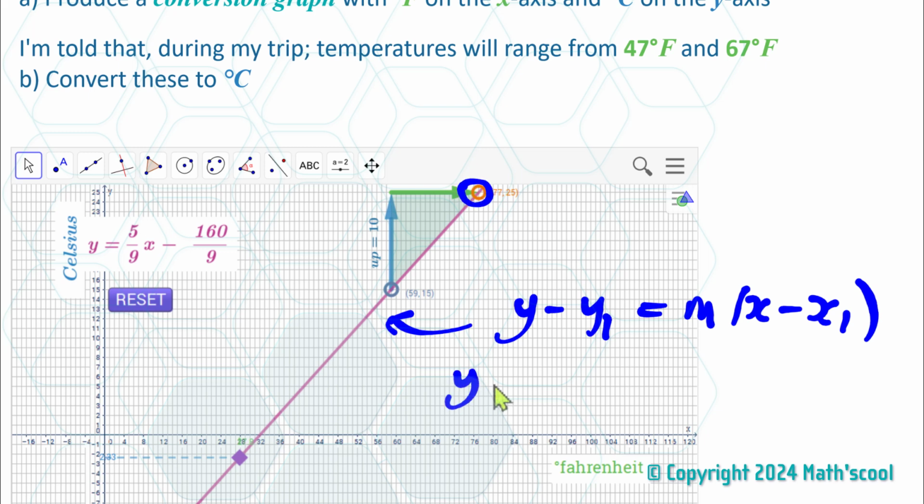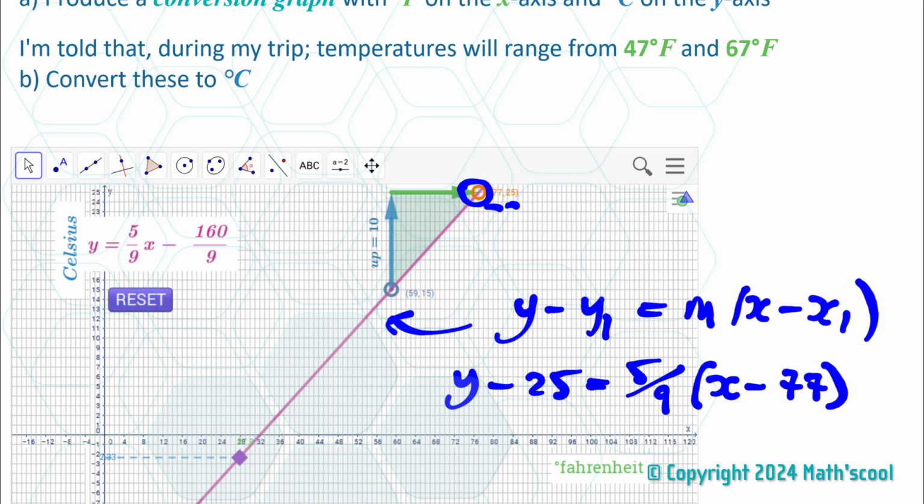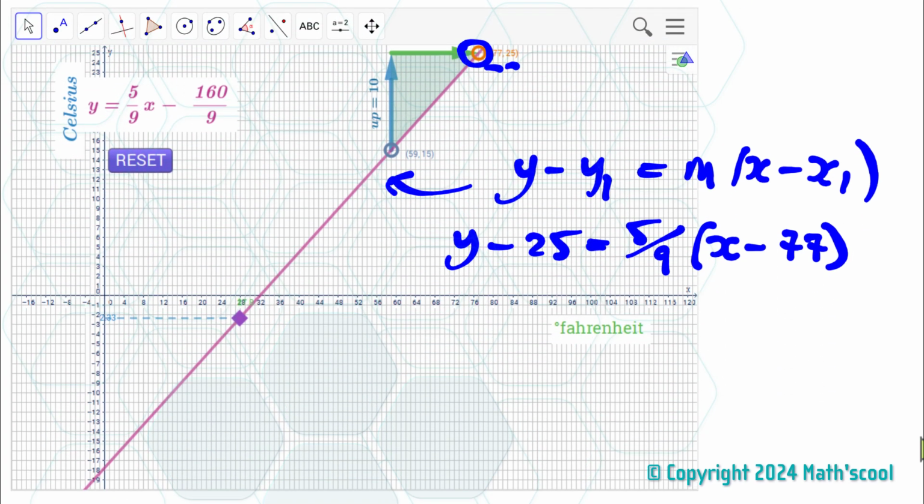So you do y minus, the y coordinate of that point is 25, equals, the gradient is 5/9, (x minus, and then the x coordinate at that point is 77). Okay, and so that's going to give you, multiplying out, y minus 25 equals 5/9 x minus 77.